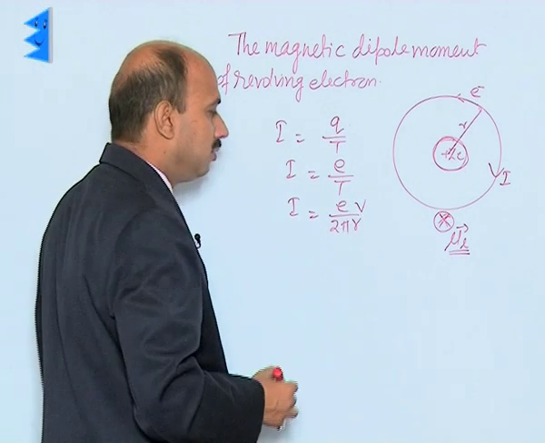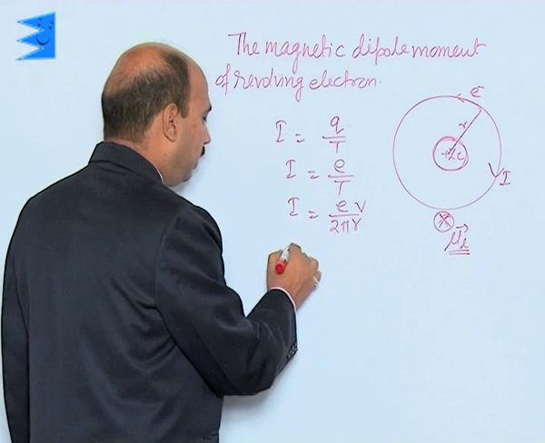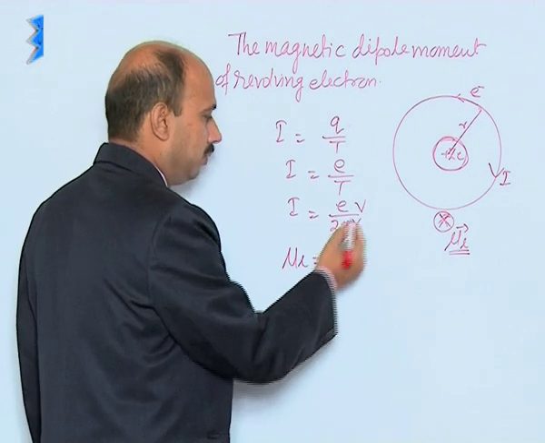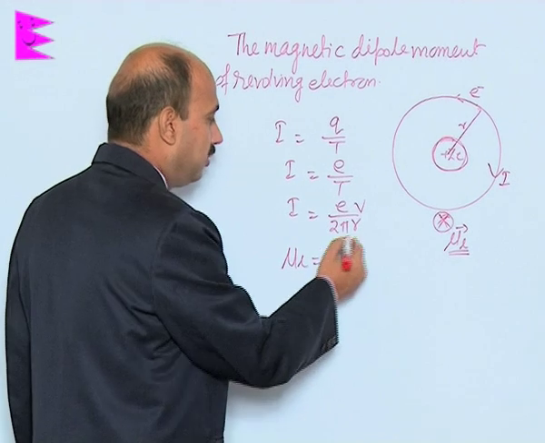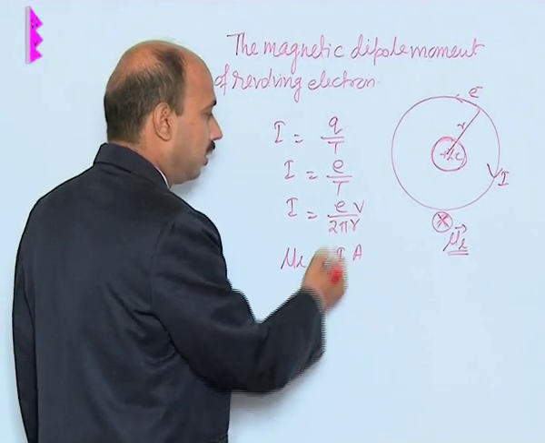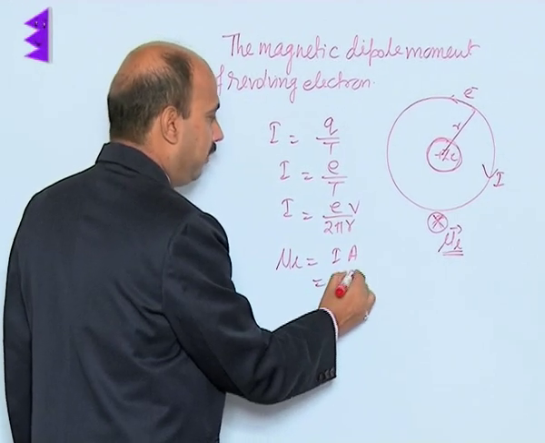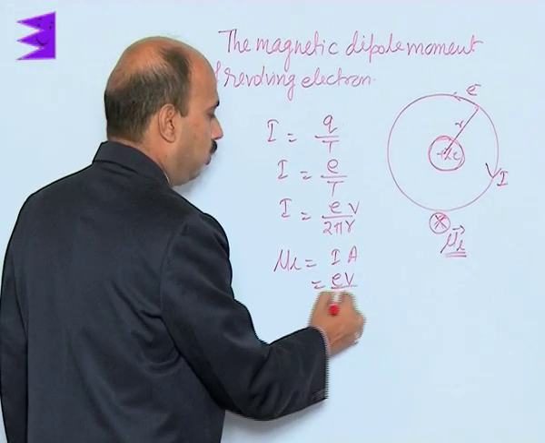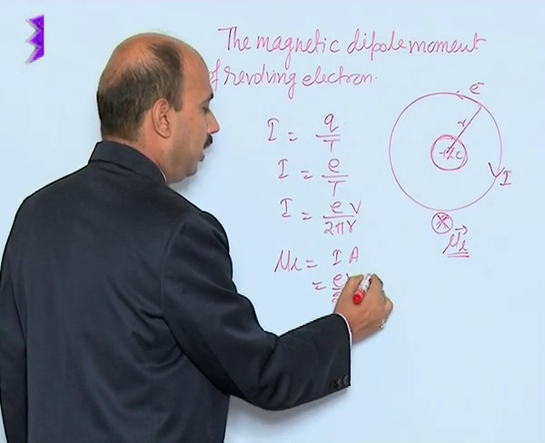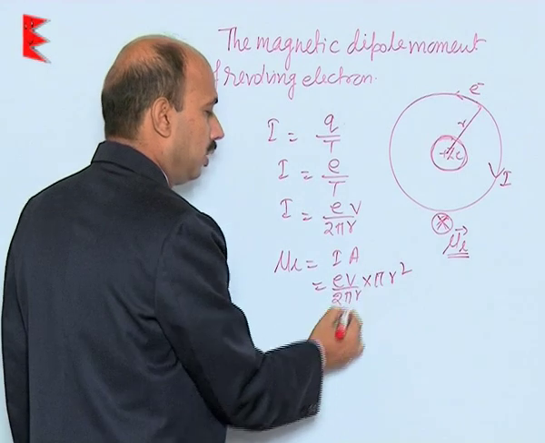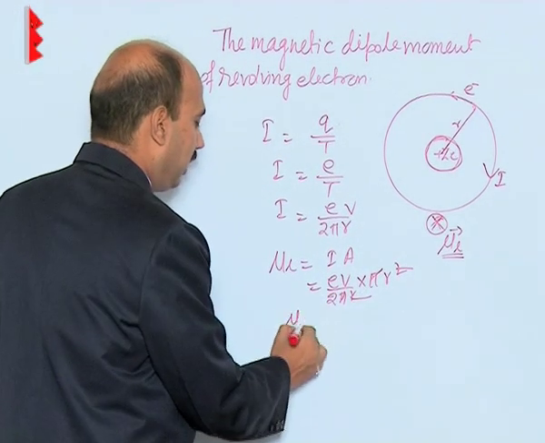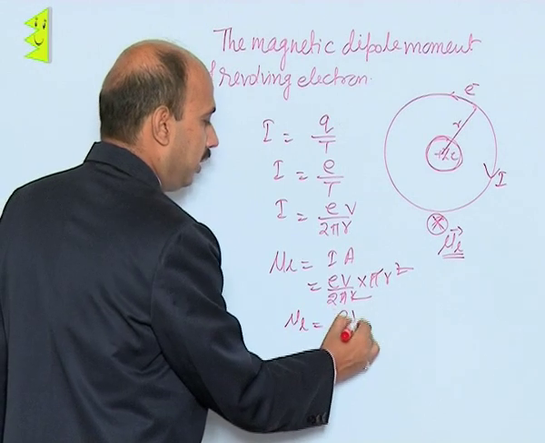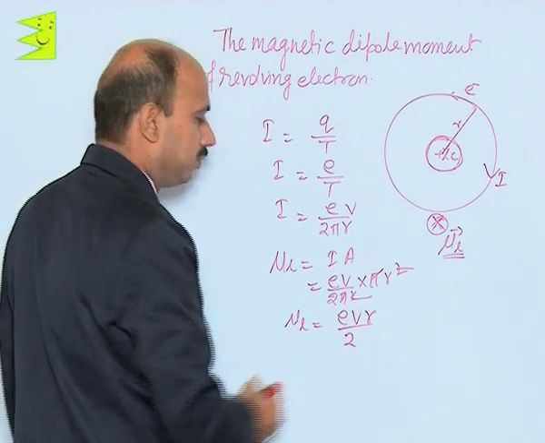Now the magnetic dipole moment mu L can be written as current into area, that is, E V upon 2 pi r into pi r square. So this pi will get cancelled, and you will get mu L is equal to E V r upon 2.